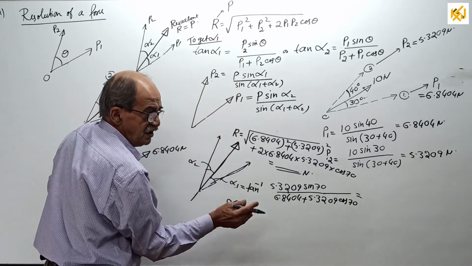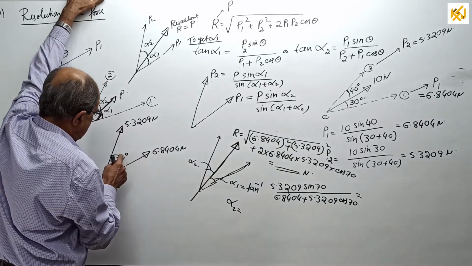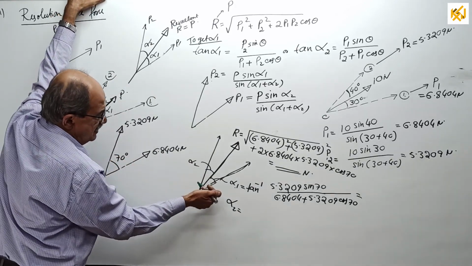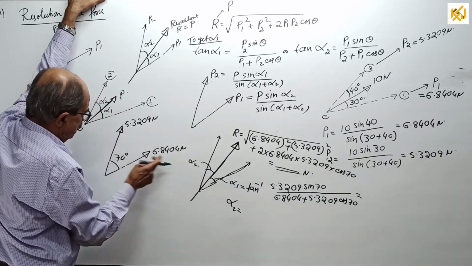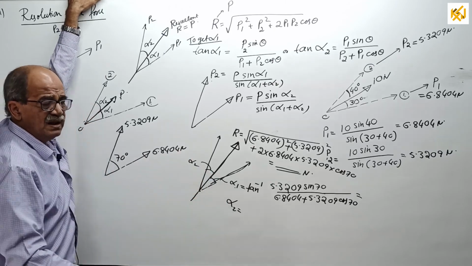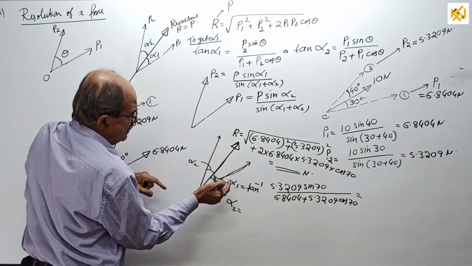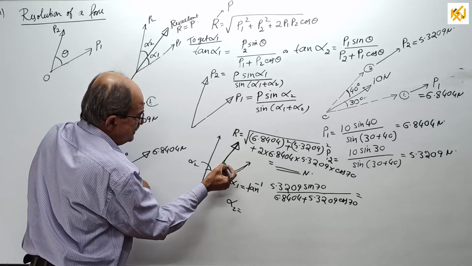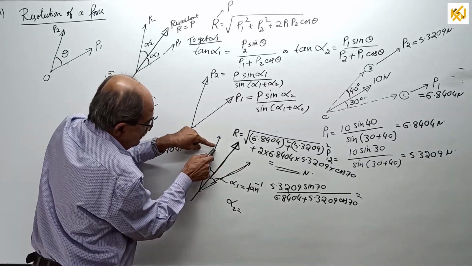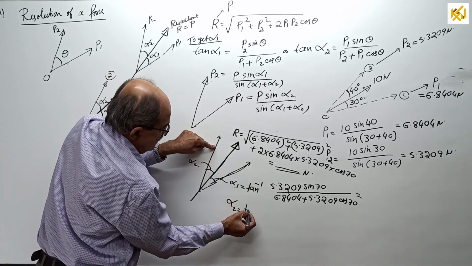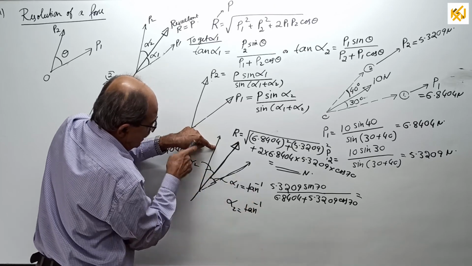Alpha 2, if you want: actually once you get alpha 1, see this is 70 degrees. If this is alpha 1, alpha 2 equals 70 minus alpha 1. But still, tell the answer for alpha 2. I want the angle made by this resultant with this force. Therefore, the formula is tan inverse of the other force.